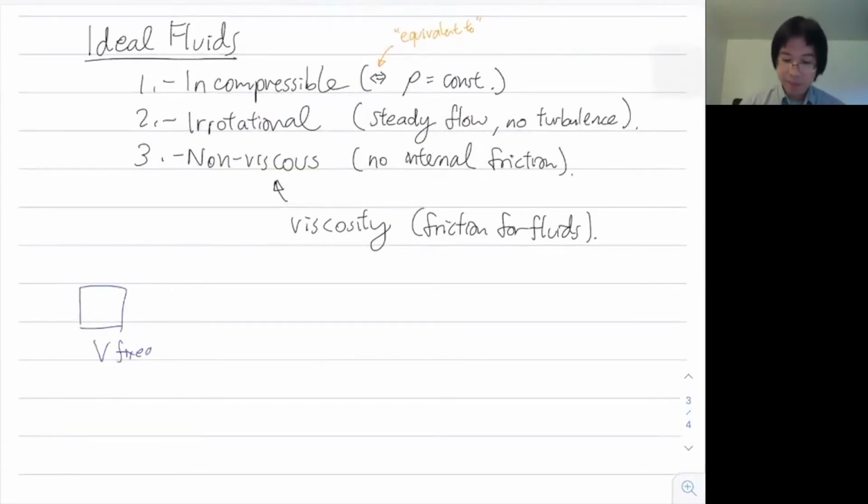So let's say this is a fluid. The volume is fixed, but the mass is always fixed because there's a conservation of mass. Mass cannot be spontaneously created or destroyed in our everyday life. So if the mass is also conserved, then since density is mass per unit volume, if the volume is fixed, the mass is fixed, the density is constant.